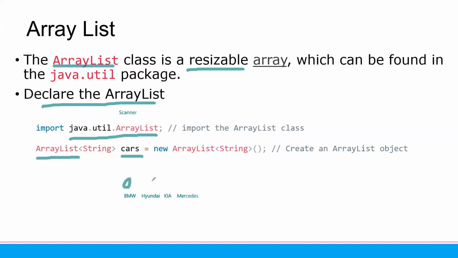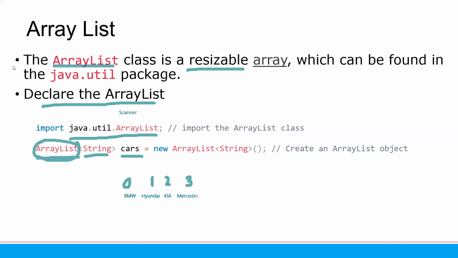BMW is index 0, Hyundai is index 1, Kia is index 2, Mercedes is index 3, and so on. So I can have an array, but I'm now using array list, and I need to define what is the data type. Okay, the data type is string.